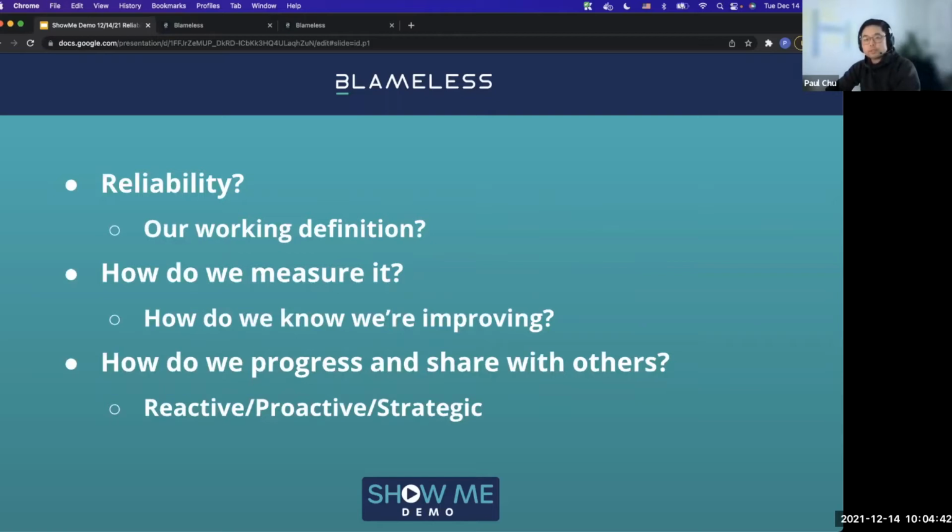And then how do we progress and share with others, right? I'll be showing you an infographic that we put together, walking you through reactive, proactive, and strategic maturity levels, and then tying that back into what types of metrics you might be seeing at those different stages.